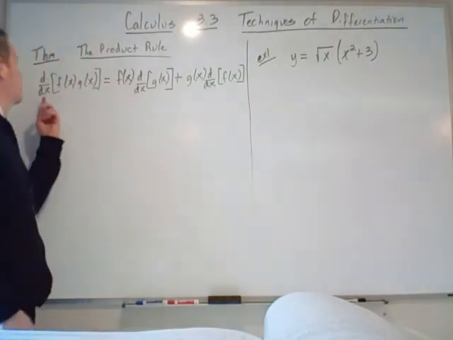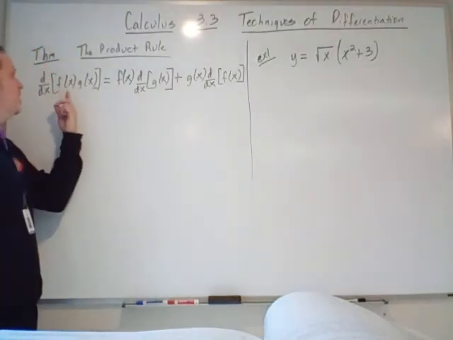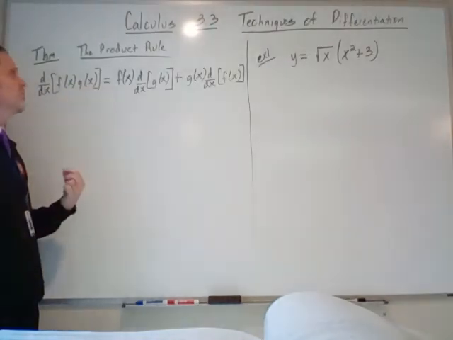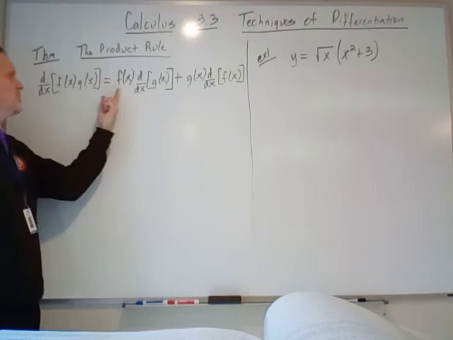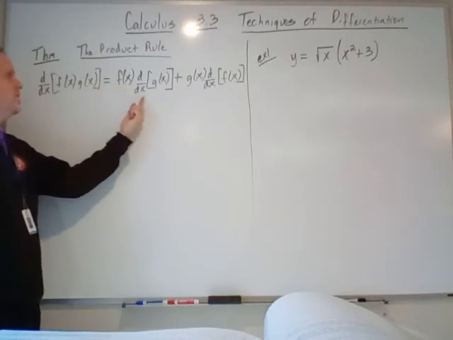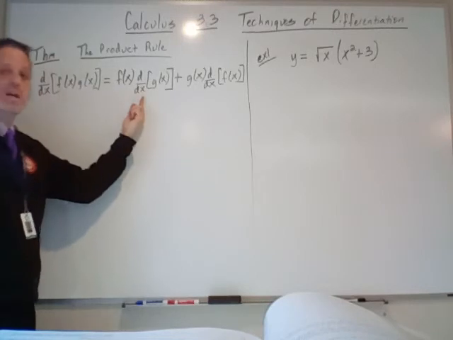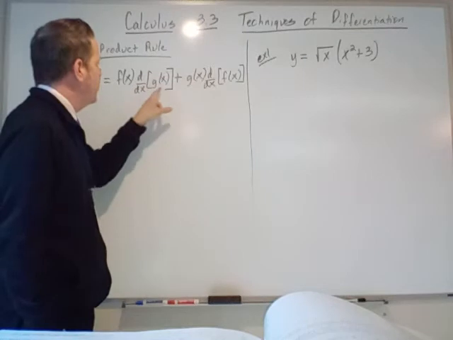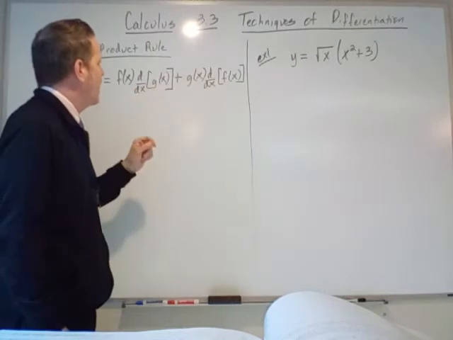So I'm taking the derivative of f of x times g of x. The product rule says take the first function, leave it as is, times the derivative of the second function. And again, here I'm using operator notation. I've got the brackets of the g of x inside of here with respect to x.